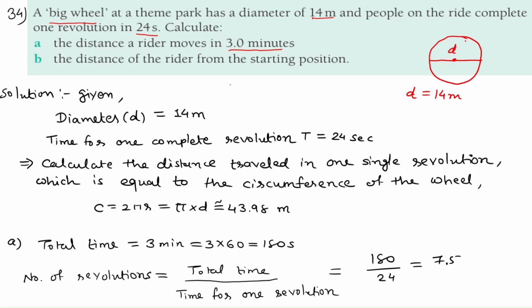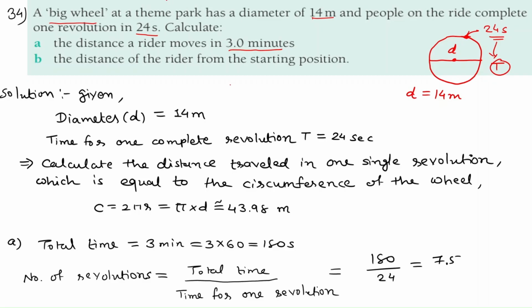Means if we take this point as a person and it moves around the circle and comes back to the same position in 24 seconds, it is called the time period.